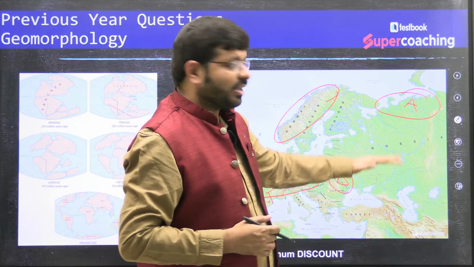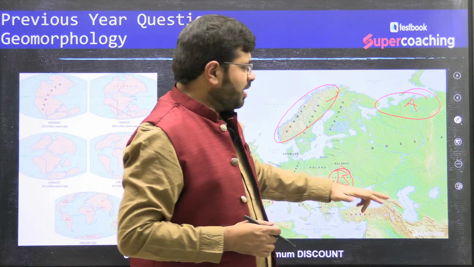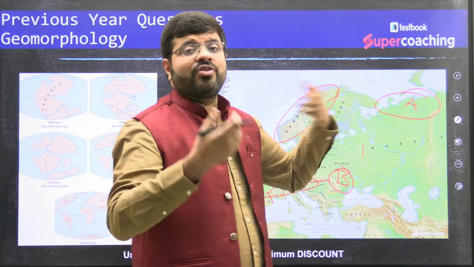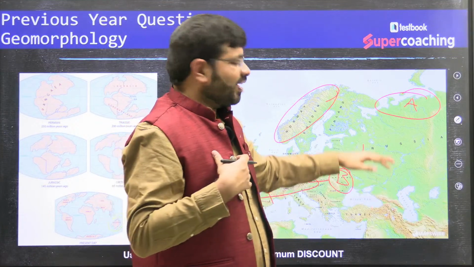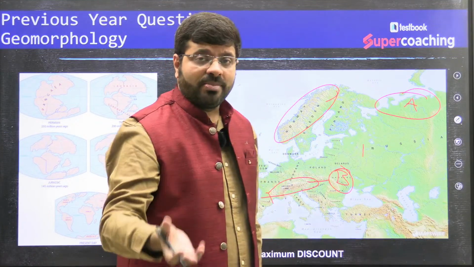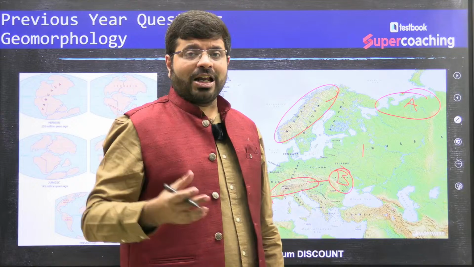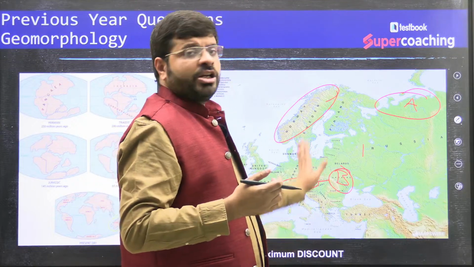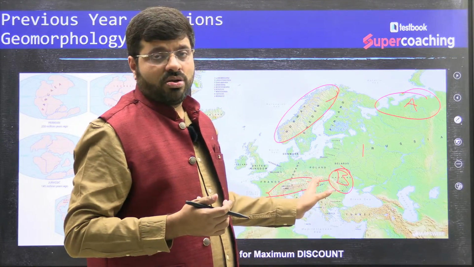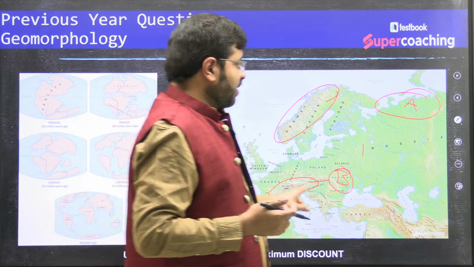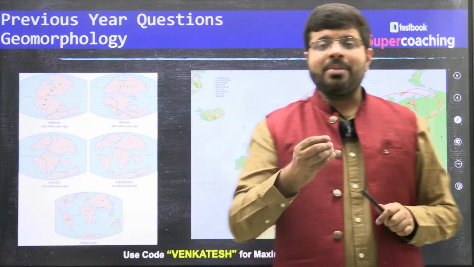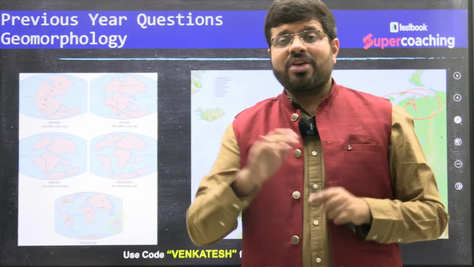As the animals started migrating, some of the animals moved to the areas which are comfortable to them, that is, they started moving northwards. Some of the animals found the same climate when they increased their altitude because of the mountains. So the mountains here and the polar regions, climate-wise, are very similar.